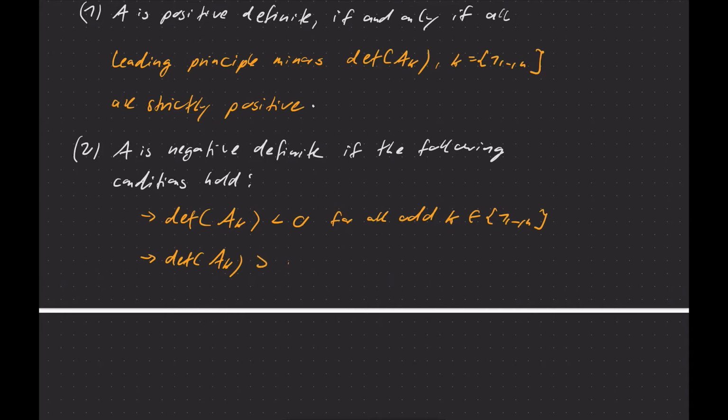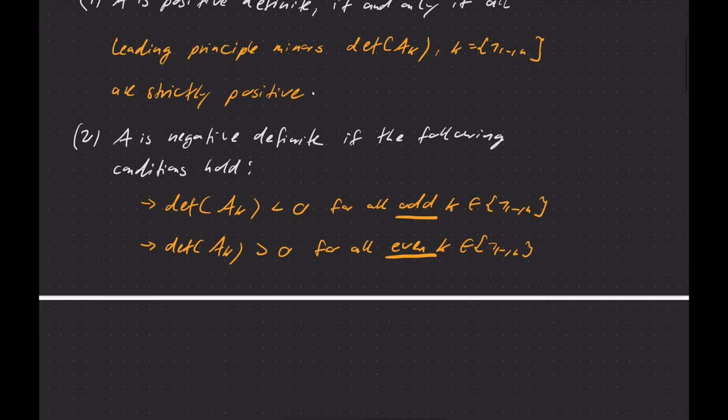So the determinant of A_k is strictly positive for all even k in 1 to n. Okay, so watch out for that. This is the odd case here. And this is the even case. And that is Sylvester's criterion.